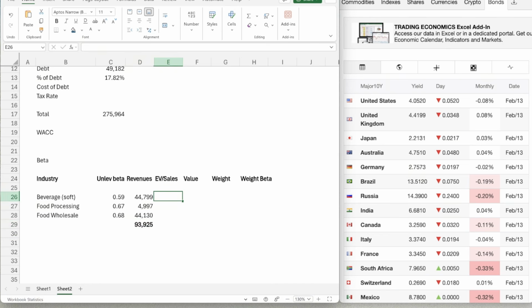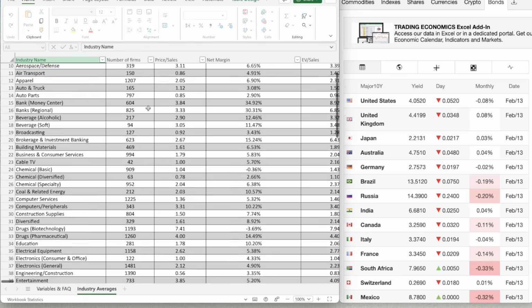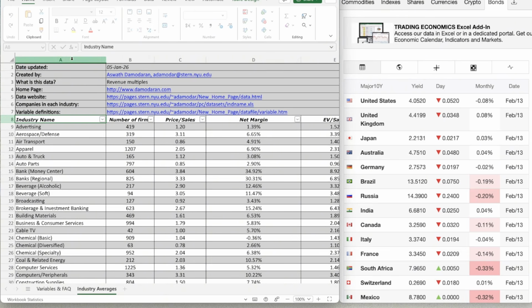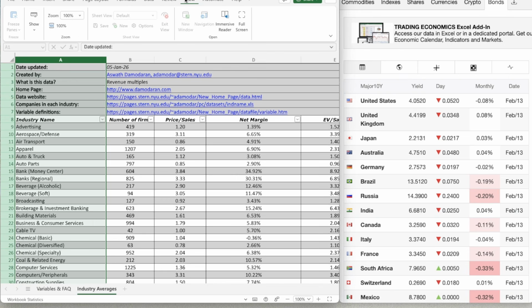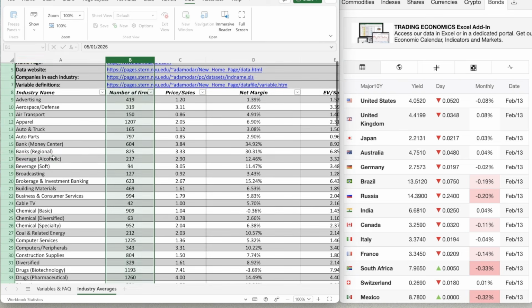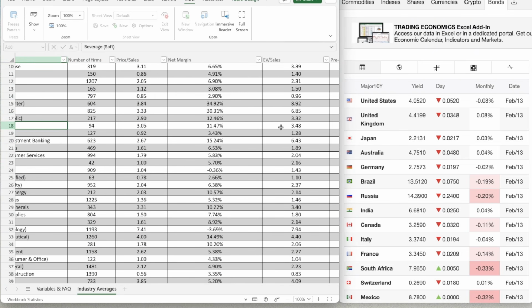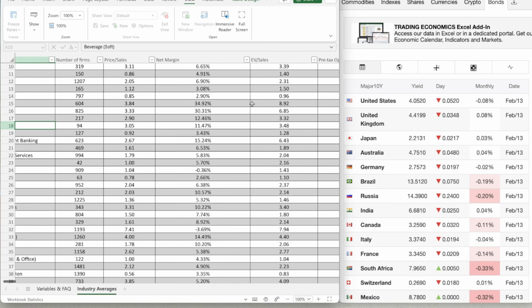Then for the EV to sales, we go into the price of sales spreadsheet and we want this column here. So beverage soft, EV to sales is 3.48.